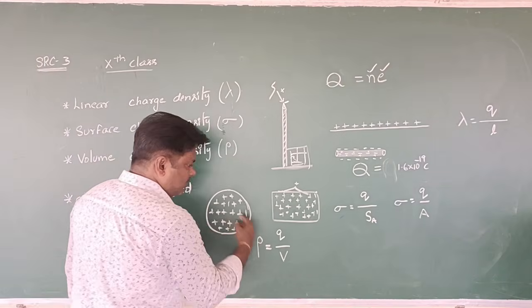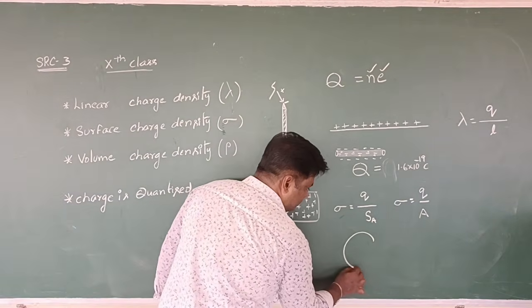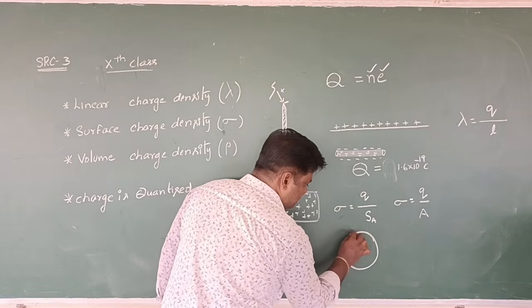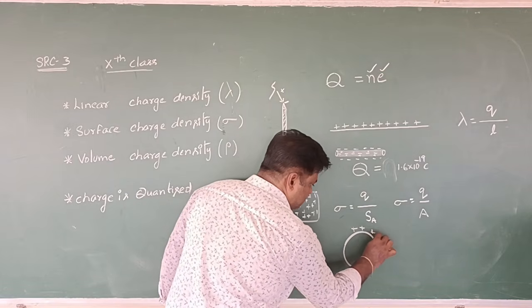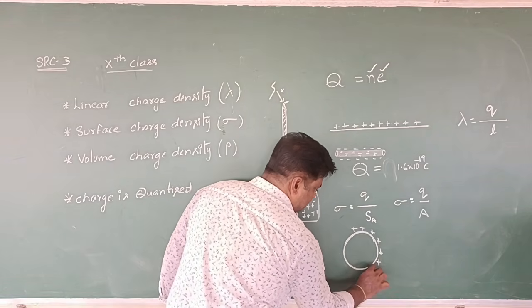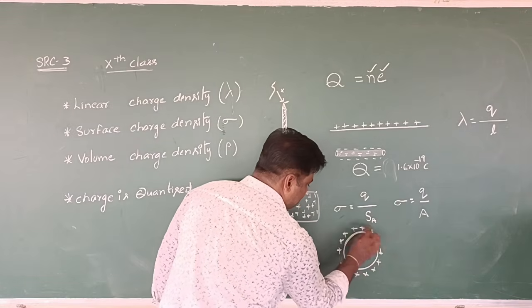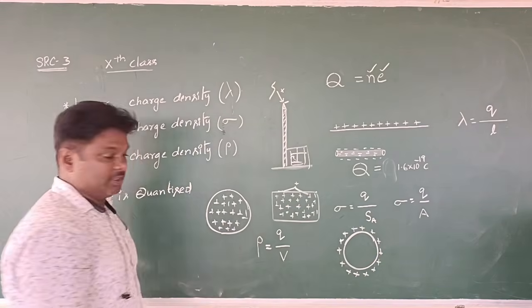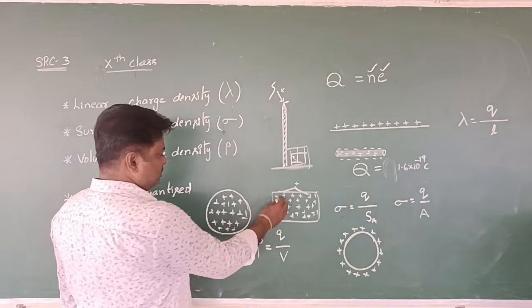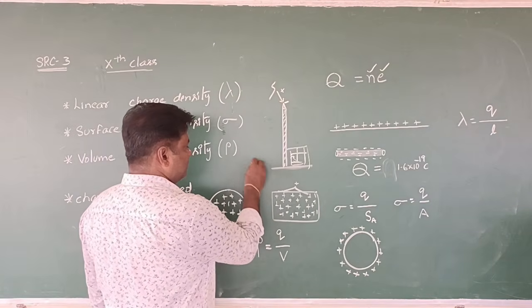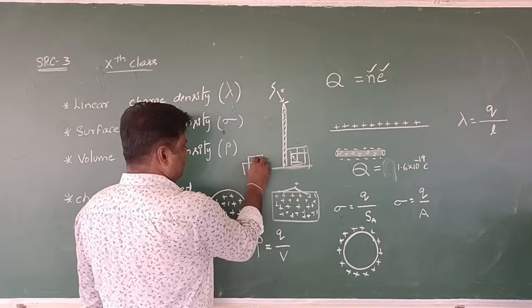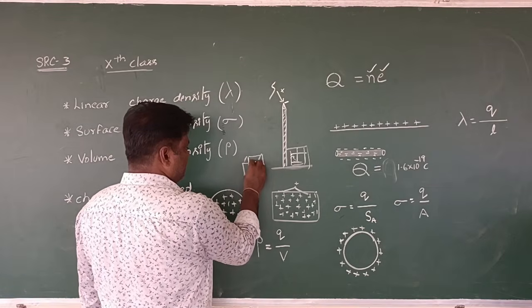And here I will draw one more to get an idea about surface charge density. Suppose the sphere is like this, and additional charge is spread over the external surface of the sphere. This will come under surface charge density, not volume charge density, right? And this sheet also, suppose the charge is inside this one.